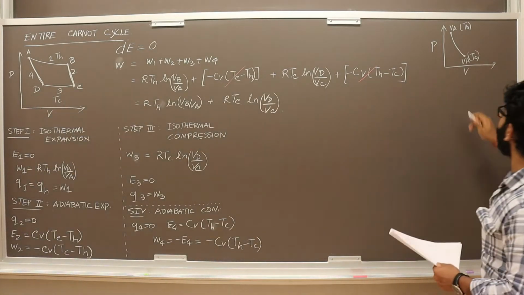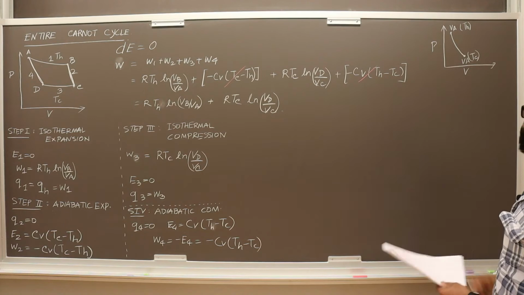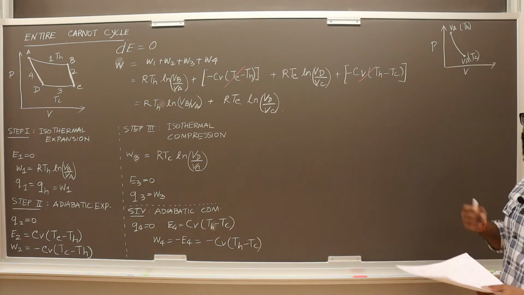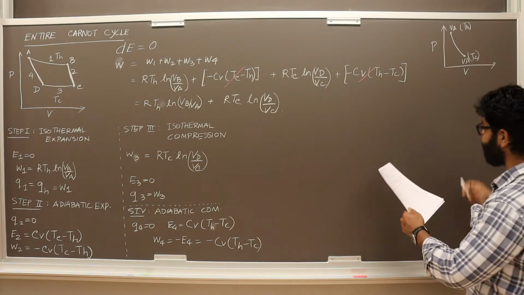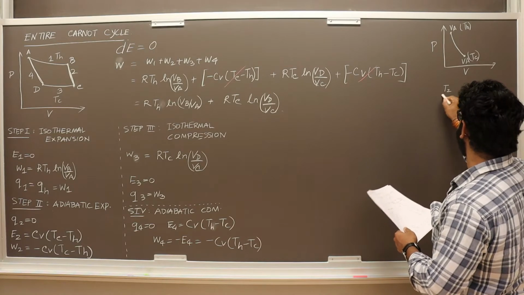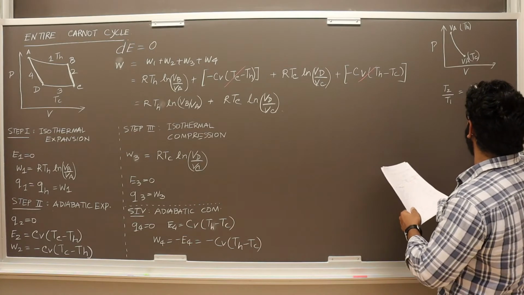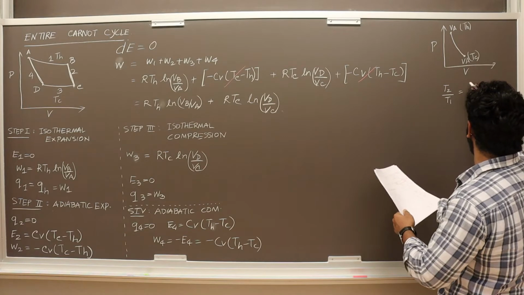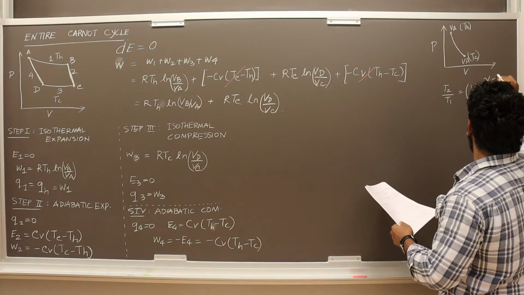For this, we know there is a relationship between temperature and volume when we have an adiabatic process. The general relationship is like this: T2 by T1 equals (V1 by V2) to the power gamma minus 1.